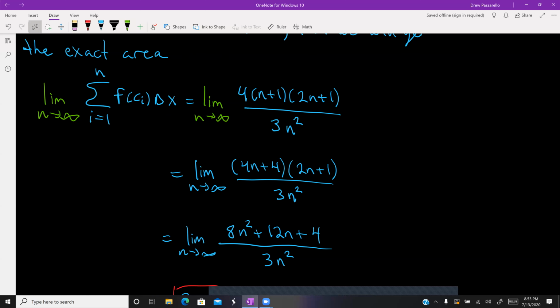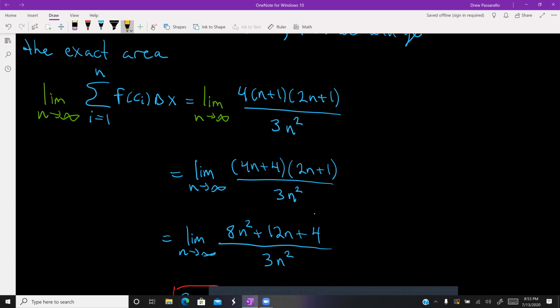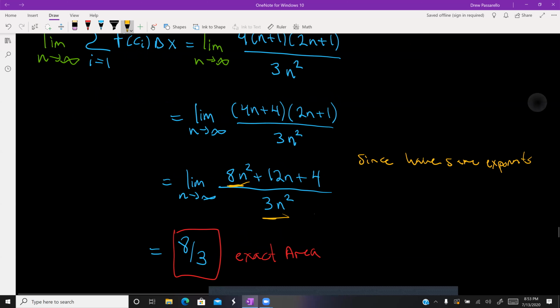Now, from previous section 3.5, we dealt with infinite limits. Dealing with infinite limits of a rational function, where you have a polynomial divided by a polynomial, you focus on the leading terms. So we have 8n squared and 3n squared, top and bottom. Those are the leading terms. Since we have the same exponents for the leading terms, the infinite limit is going to be the ratio of the coefficients of the leading terms.